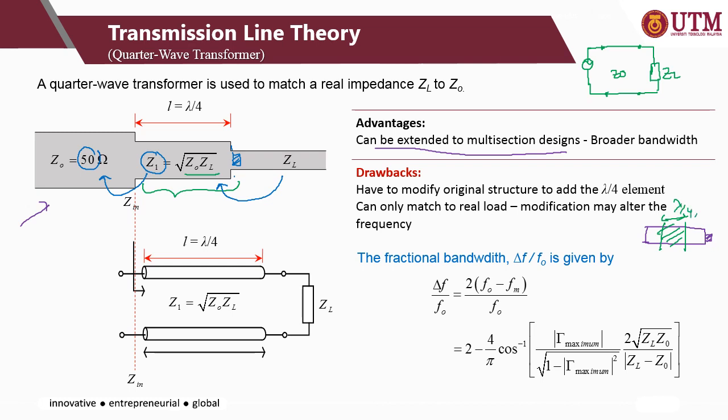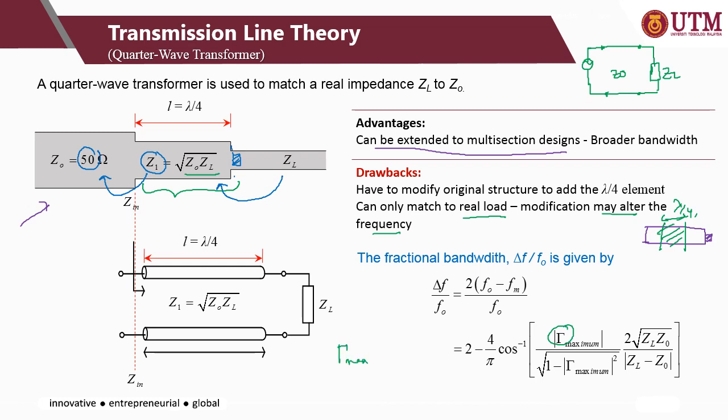Therefore the modification may affect the frequency of operation, and the other drawback is that the system can only match to a real load. So it will be difficult for a complex load. Another important parameter that you need to consider in designing a quarter wave transformer is the reflection coefficient.